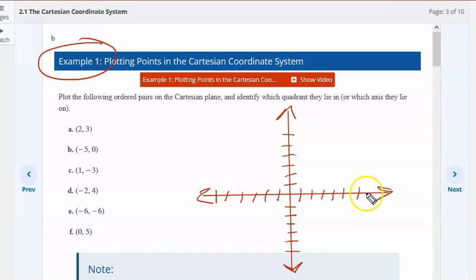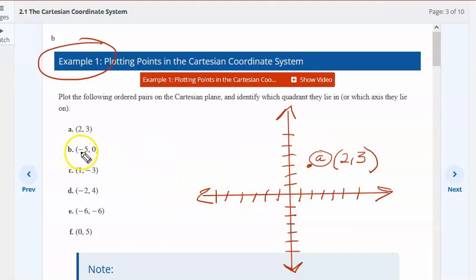On this side, these are positive, these are negative, above are positive, below are negative. For A, (2, 3), the method would be start at 0, you do your x first, which is a positive 2, go up to 3, and then you put a dot there. You could label this point A, or you can write the coordinates (2, 3). And you do that for each of these.